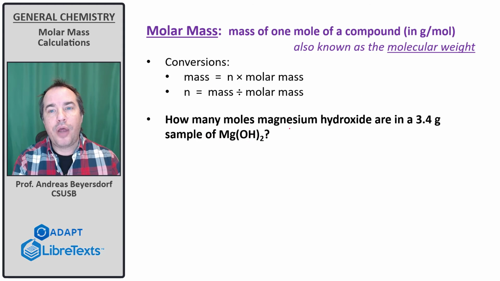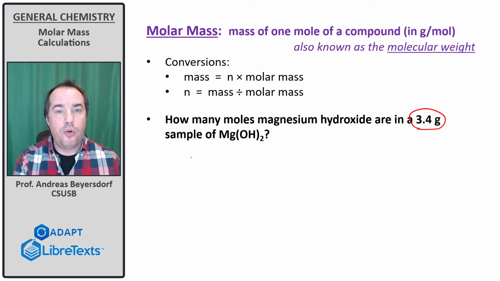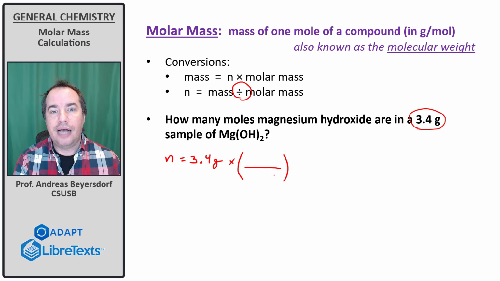Now, let's see if we have a problem where we're given the number of grams and we want to find the moles. So we have 3.4 grams and we want to find the number of moles. So in this case, we're going to divide by the molar mass. So I'm going to take the molar mass and put it on the bottom. Now this is magnesium hydroxide.